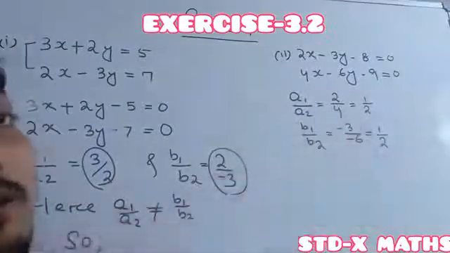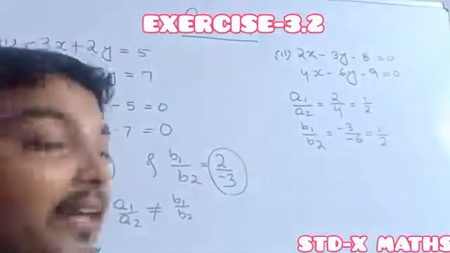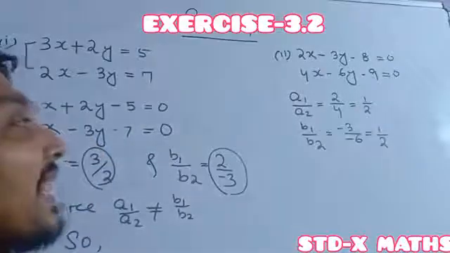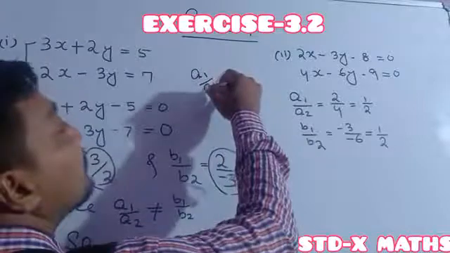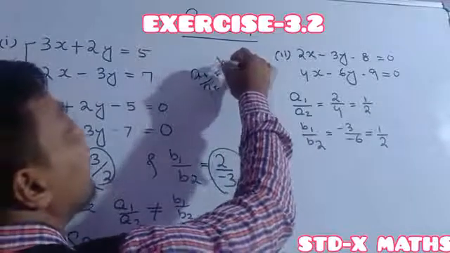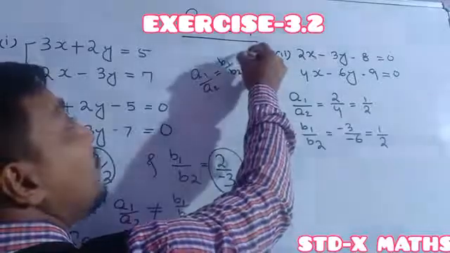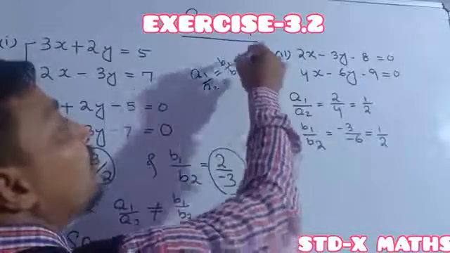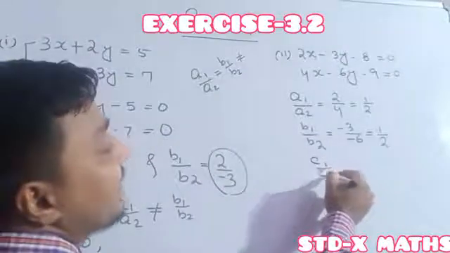Whenever both are equal, we need to find out the value of C1 by C2. Why? Because two situations are there. Whenever we get A1 by A2 equal to B1 by B2, then after that this one will be equal, otherwise not equal. So for which we need to check the ratio of C1 divided by C2.